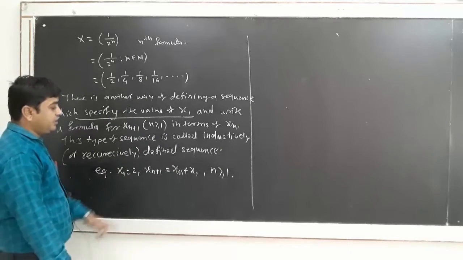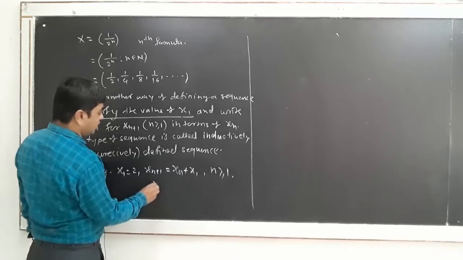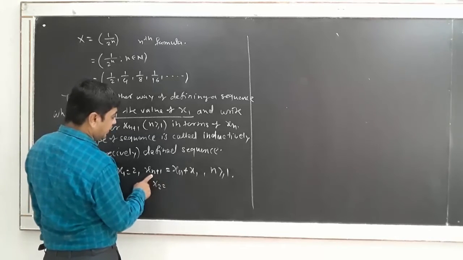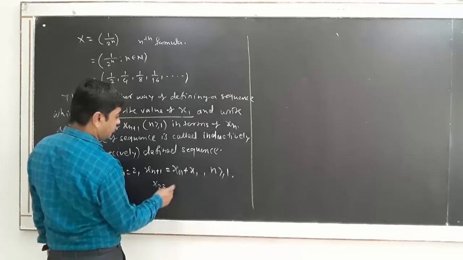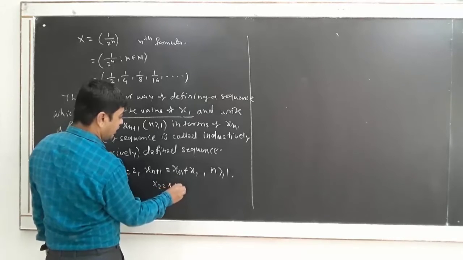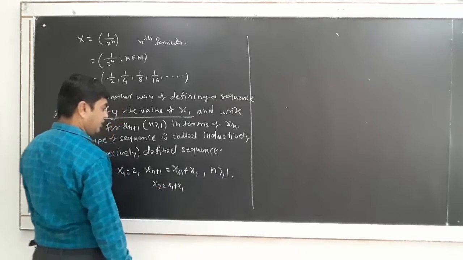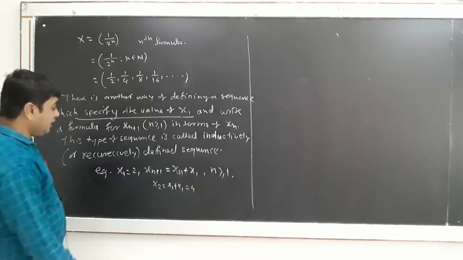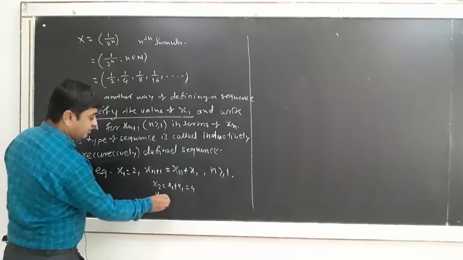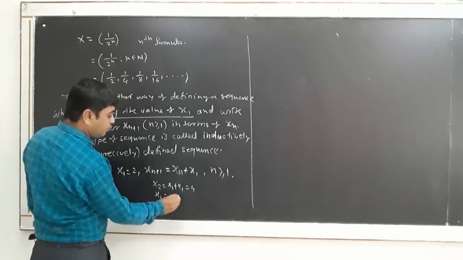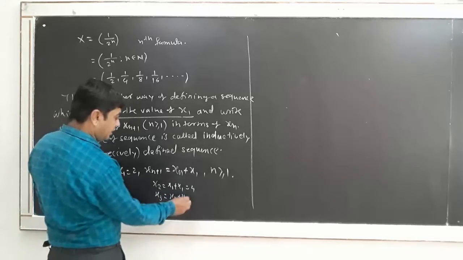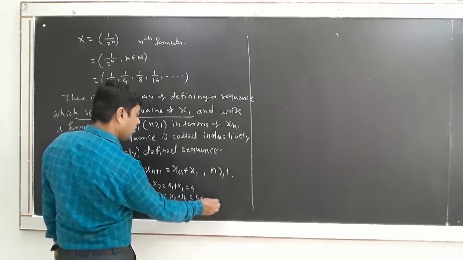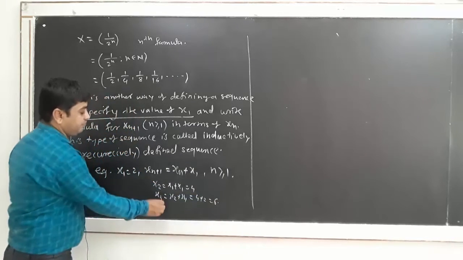So how do we find x2? N is 1, so x2 is equal to x1 plus x1. It should be 4. Then what can we get? x3 is equal to x2 plus x1, that is 4 plus 2, you are getting 6, and so on.